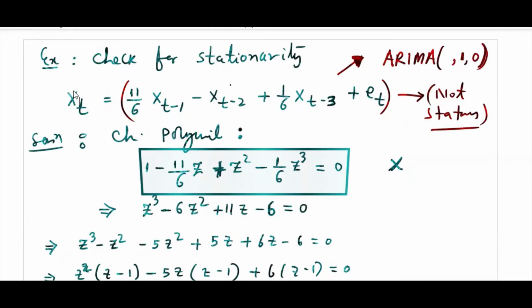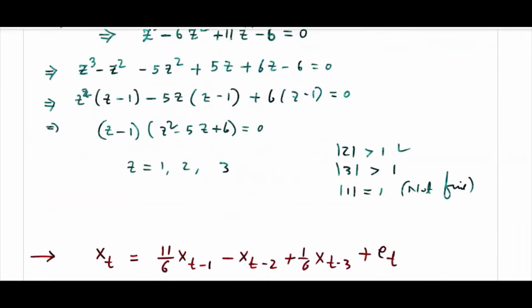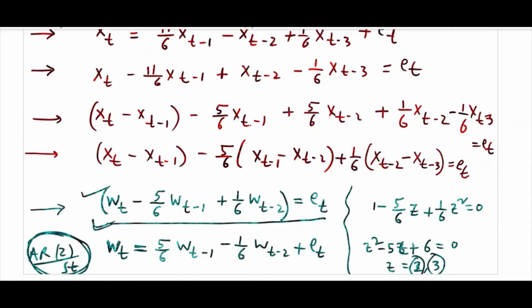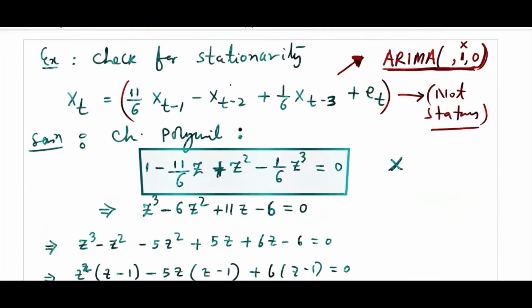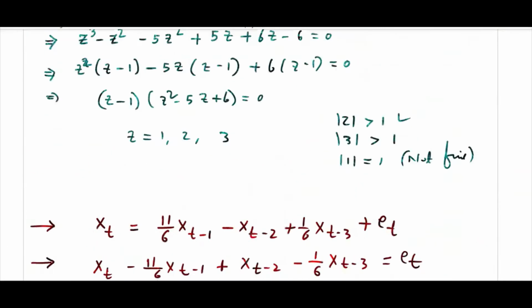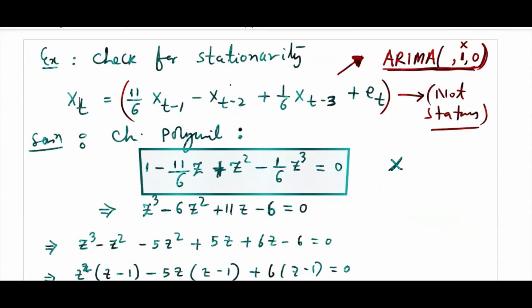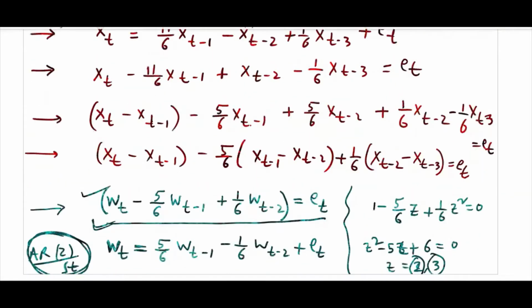When you write ARIMA, forget about this part now. You differenced once, so you write 1. If this is not stationary, then you can difference once again and change it to 2. If you difference three times, you change the middle part to 3. 1 means you have to difference once.